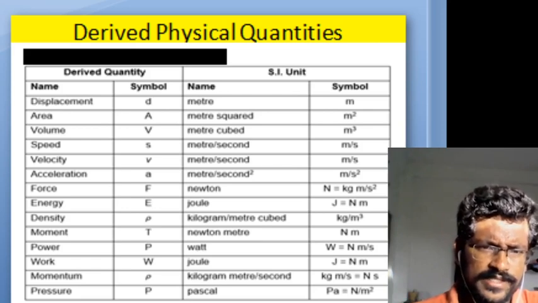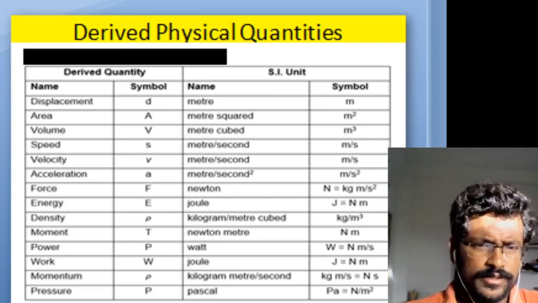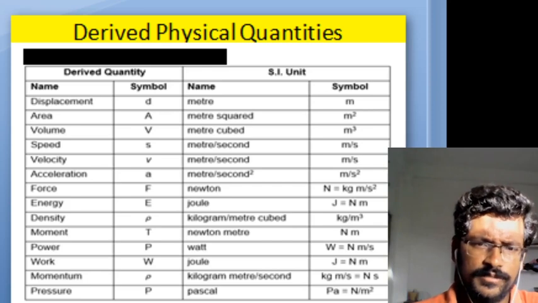Kg is SI units of mass. Meter cube is SI units of volume. The CGS units of the density is grams per centimeter cube.